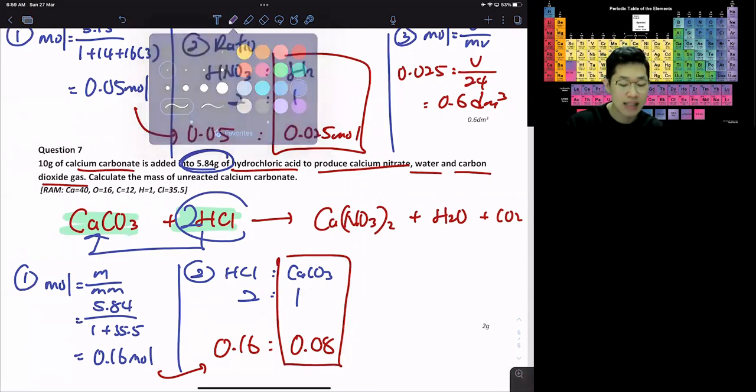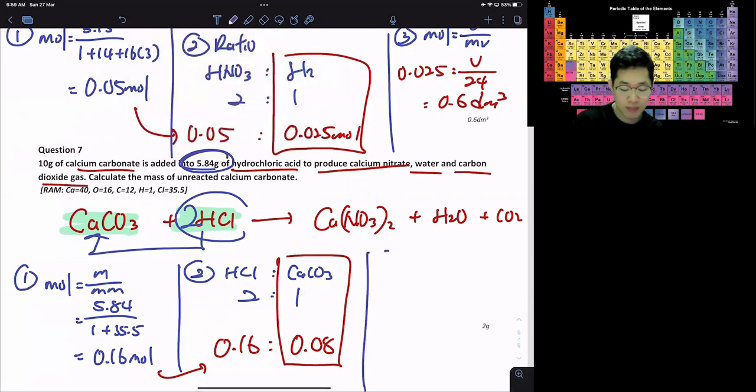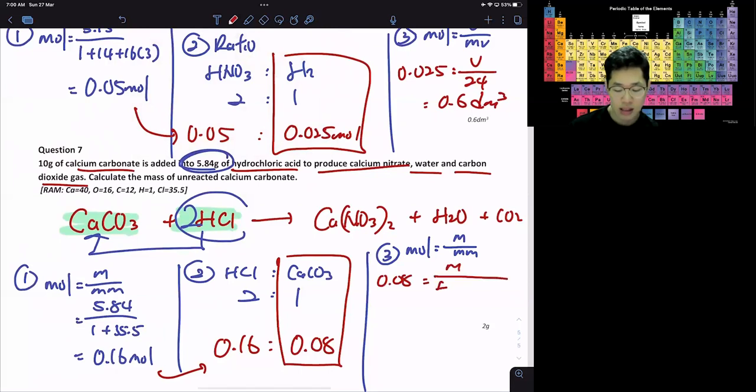So let's find the mass, using mass over molar mass again. 0.08 times the molar mass of CaCO3 gives 8 grams.